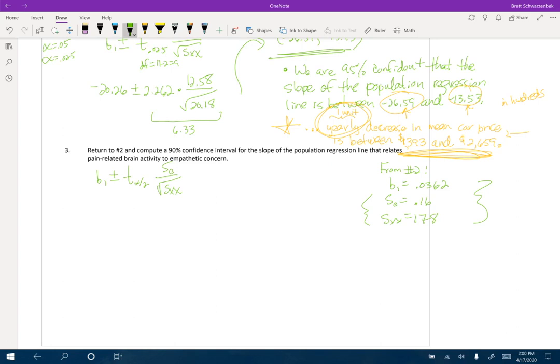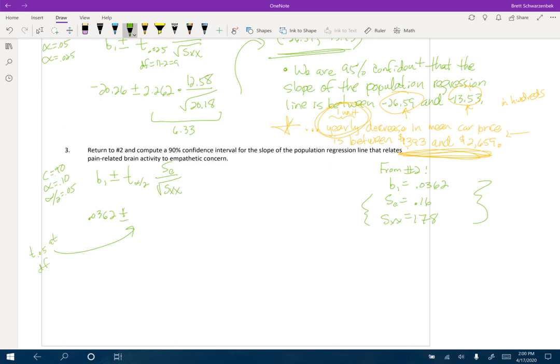So let's find this interval. What's the slope? 0.0362. This is a 90% interval, so that means we know that alpha is 0.10 and alpha over 2 is 0.05. So basically we're trying to find T sub 0.05 at degrees of freedom equal to 14.